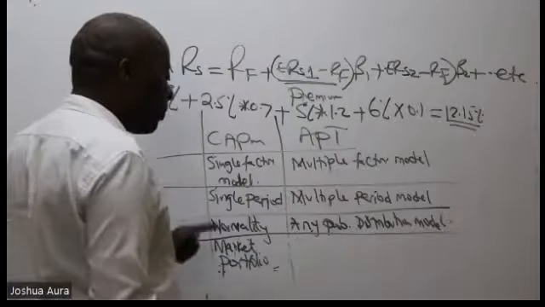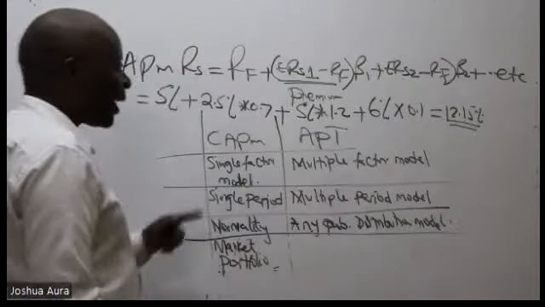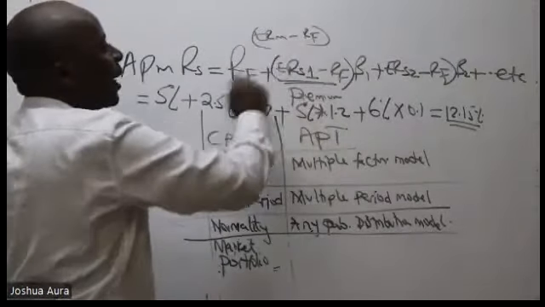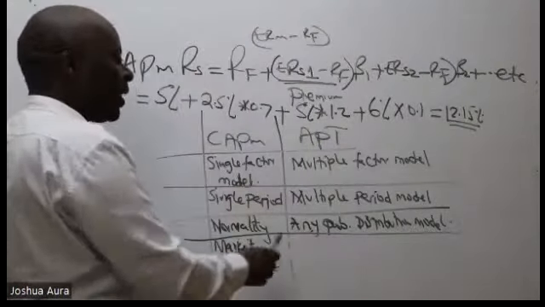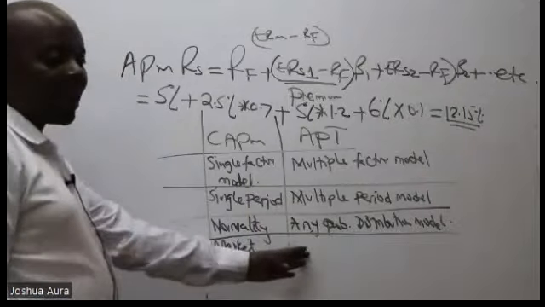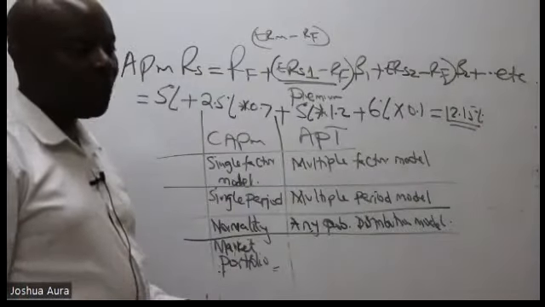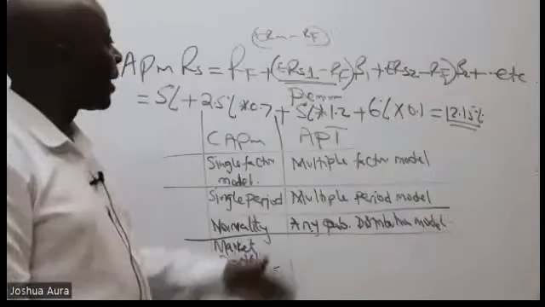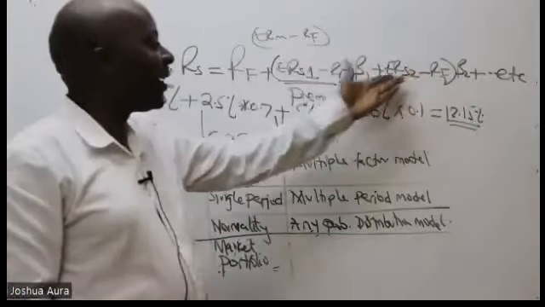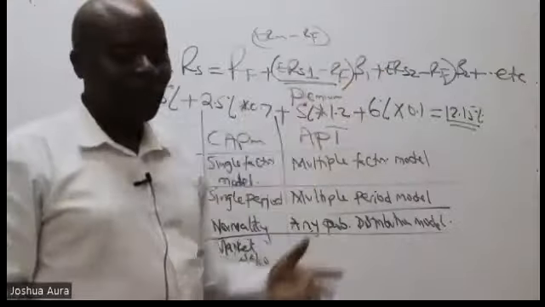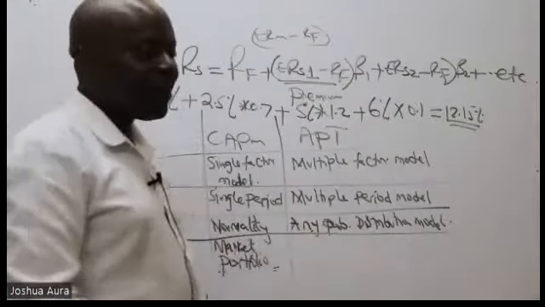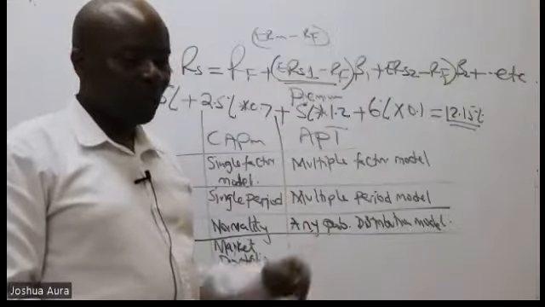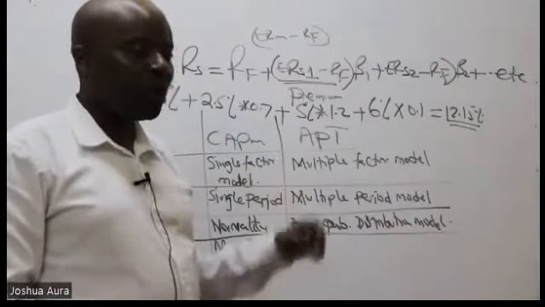You can see E(Rm) minus Rf, so the market portfolio must be there. In this case, APT can work without the market portfolio, like now here, there is none. So this is what we were required to do.